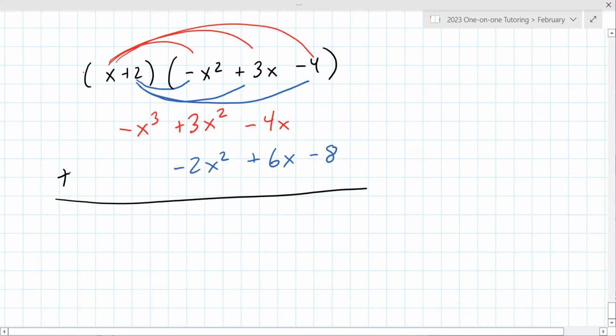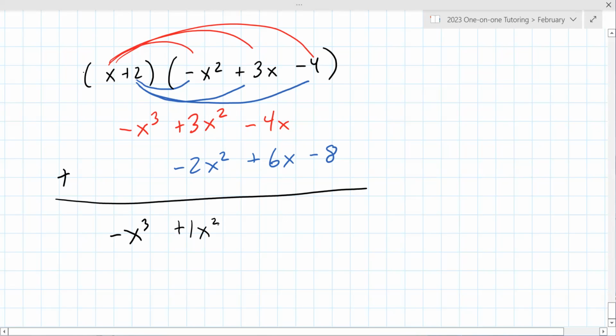Okay, so you just add vertically. You combine the ones that match. There's nothing that matches the x cubed. What goes next? 3x squared minus 2x squared. What does that become? One x squared. Good. Keep going.